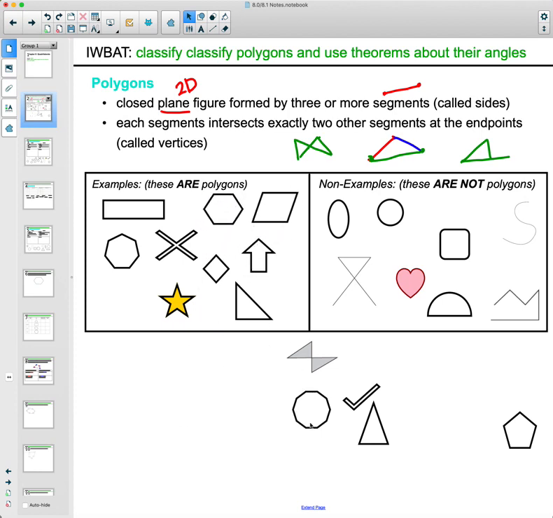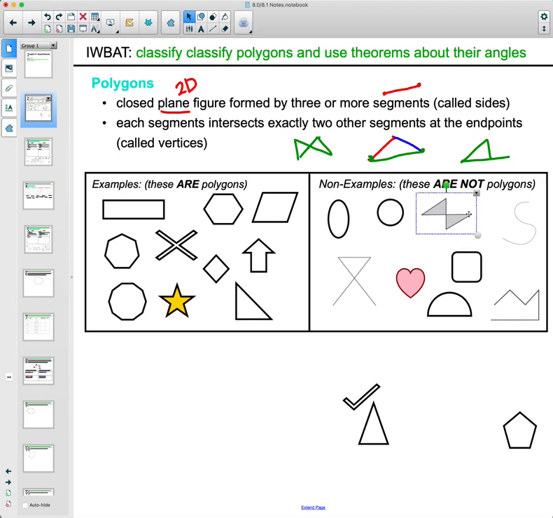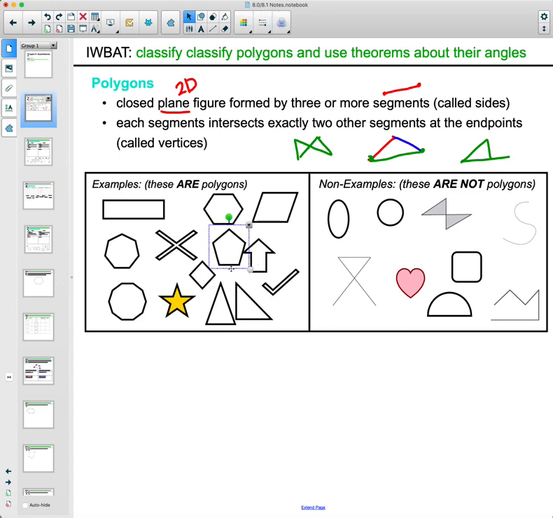This one maybe looks curved, but it has straight sides. This one, not good, because it overlaps. It intersects three times along this segment and this one. Can't happen. This one, good. This one, good. This one, good. In your notes, I would just draw a couple of these examples. You don't need to draw all of them, but just draw a couple so you can remember.